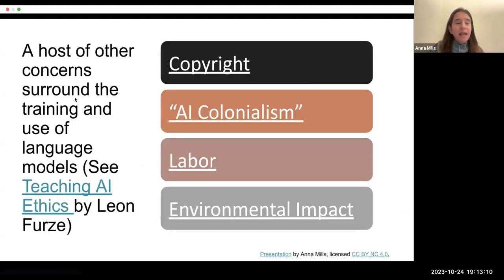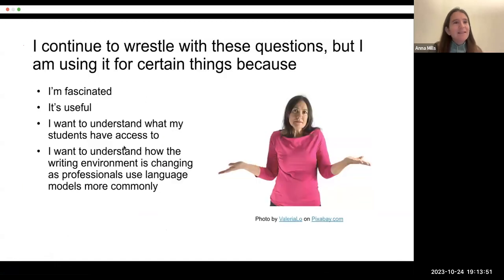And I just want to very upfront acknowledge and invite continuing wrestling with all the questions around AI ethics, including copyright, AI colonialism, labor concerns around the human labor that goes into making these systems, the environmental impact of them, and just refer you to a wonderful resource by Leon Furze, an Australian educator, teaching AI ethics. We've got to keep wrestling with this, and here we are.